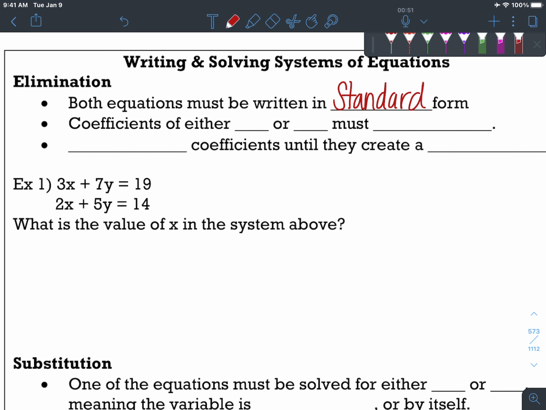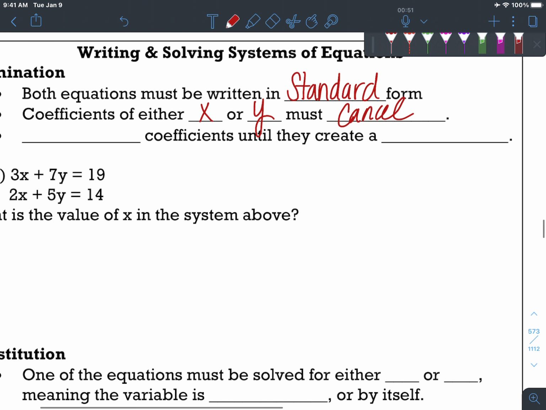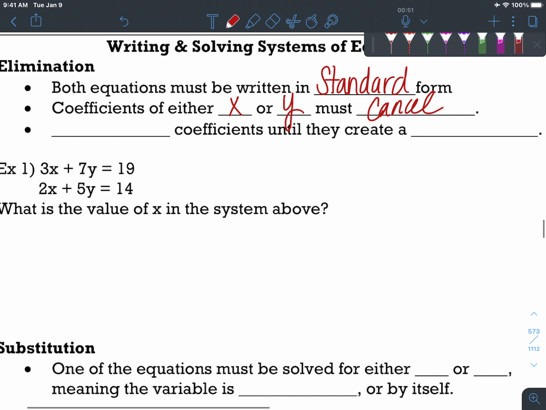So the coefficients of either x or y must cancel for elimination. So we can multiply coefficients until they create a zero pair. Now, we can also solve these utilizing our calculator.